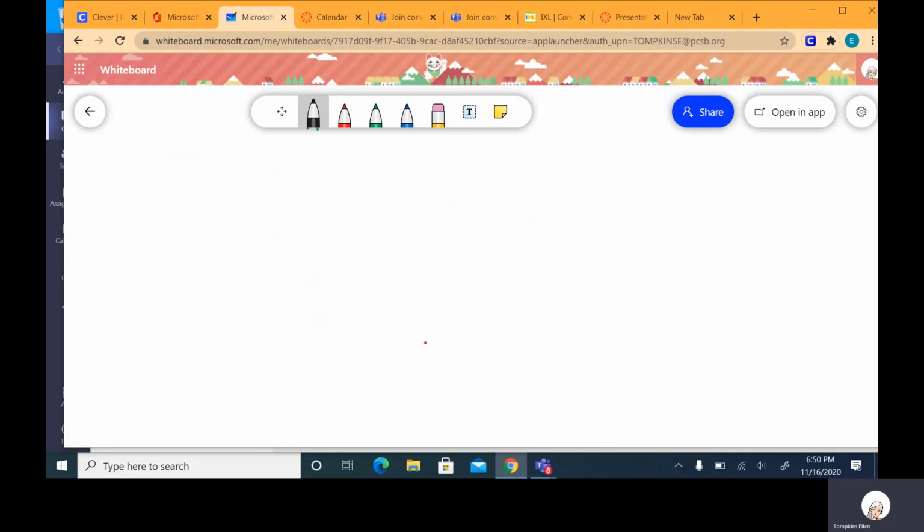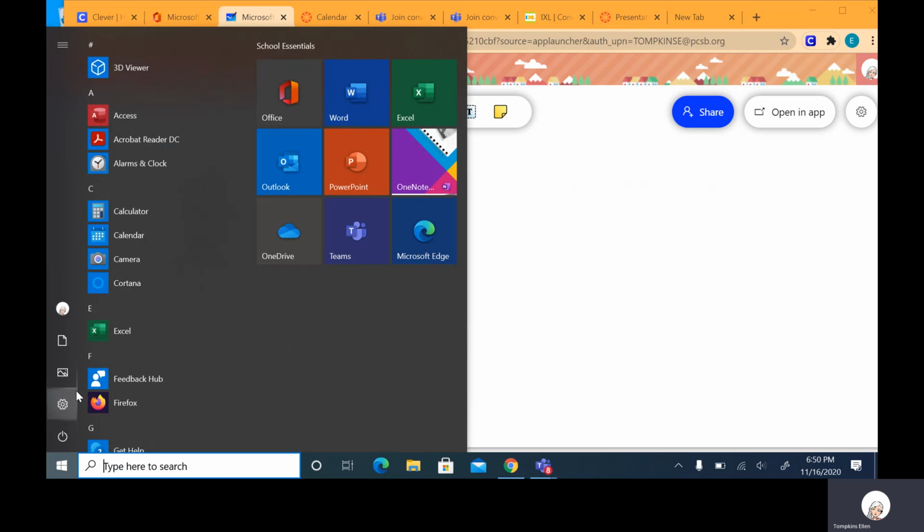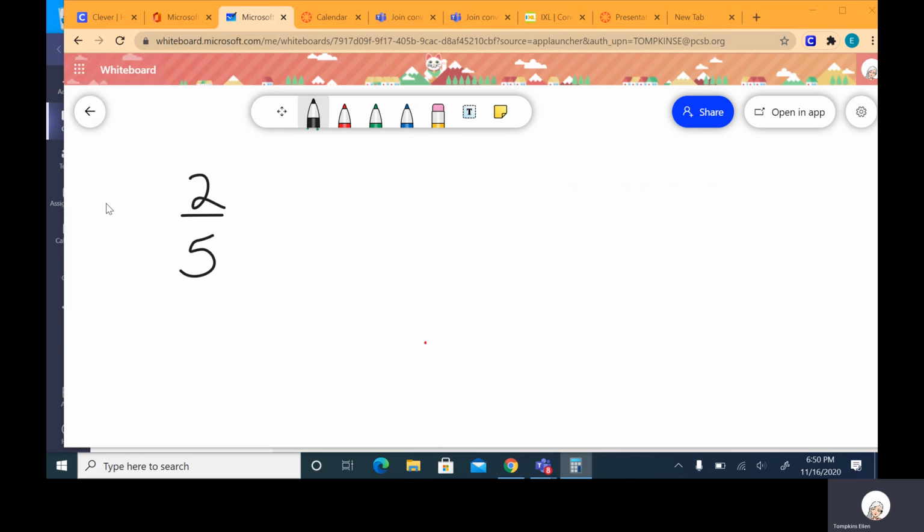A quick review on converting from fractions to decimals, and I'm going to throw percents in there as well. So if you have this fraction, 2/5, all you would need to do in a calculator, if you have a calculator, would be this. 2/5, I'll put it there so you can see it better.